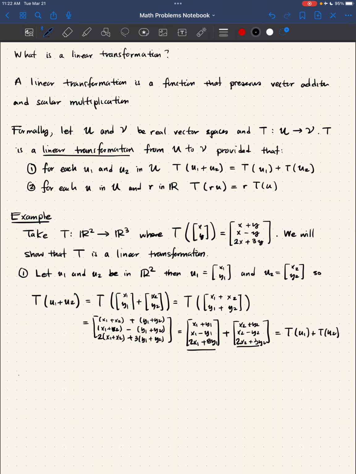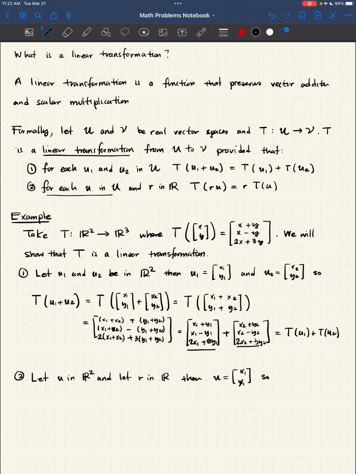Right, for the second part, we use the template provided here, and we let U in R2 and let R in R, so a real number. Then we describe U as x1, y1.